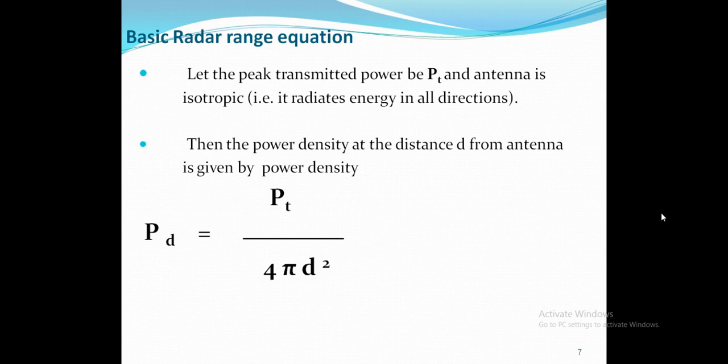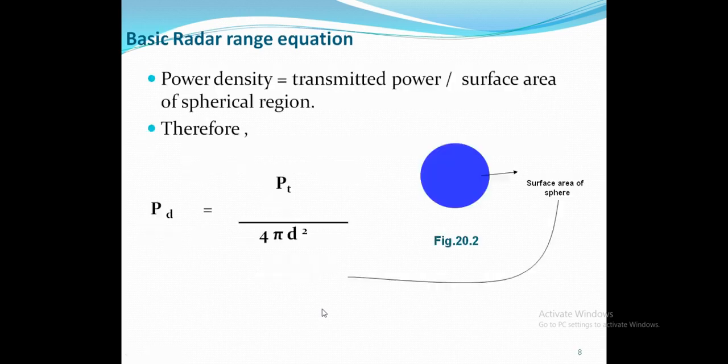Here the surface area is that of an imaginary sphere of radius r. So power density equals transmitted power by the surface area of the spherical region. Therefore PD equals PT by 4 pi d square.